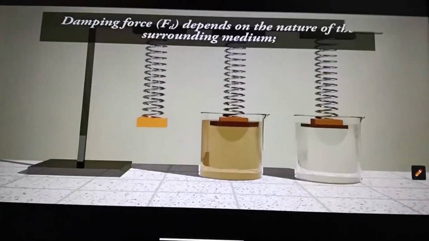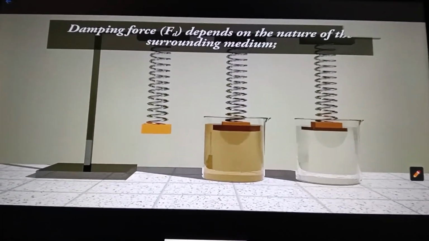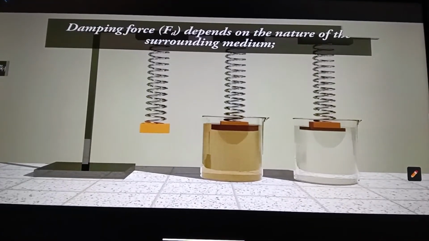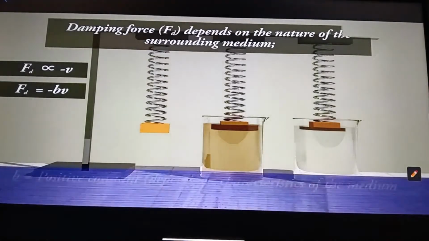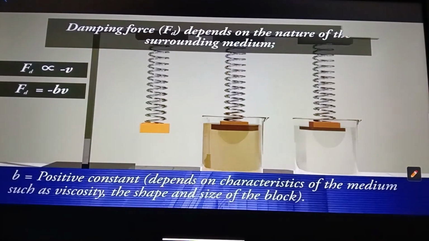It is proportional to the velocity v of the block and acts opposite to the direction of velocity of the block. That is, Fd is proportional to minus v. Fd is equal to minus bv, where b is a positive constant that depends on characteristics of the medium such as viscosity, and the shape and size of the block.